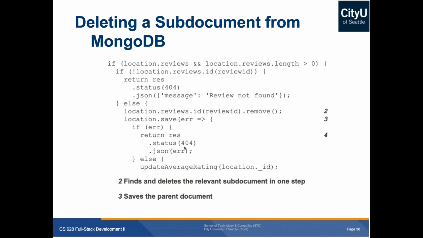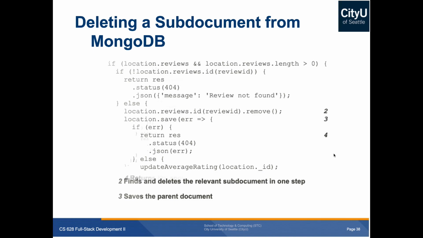Now we have removed it, we want to save it, right? So we now execute the save, then if any error, return the error. And because we removed a review, we have to update the average rating again. So now you're seeing the beauty of reusable code. In our post, put, and delete functions, we use the update average rating function, right?